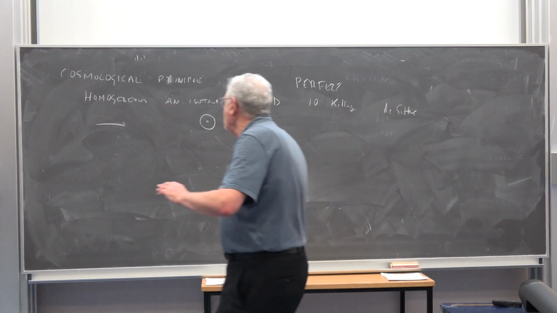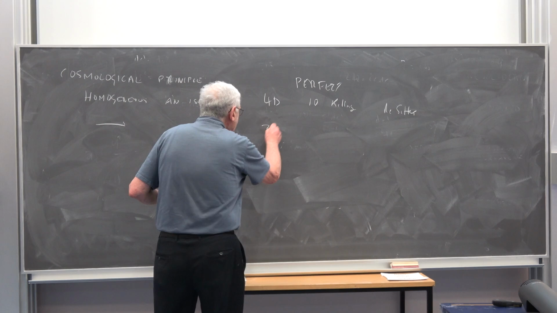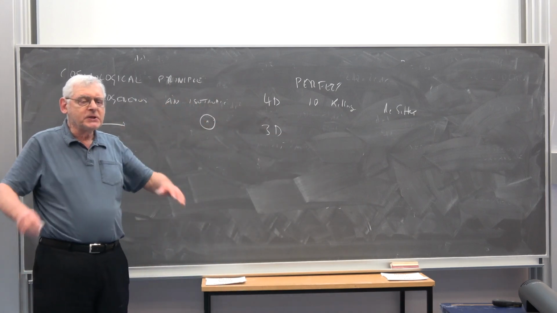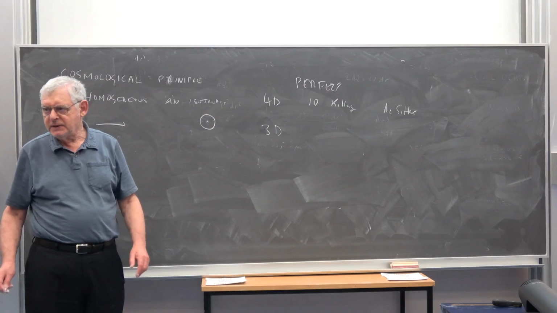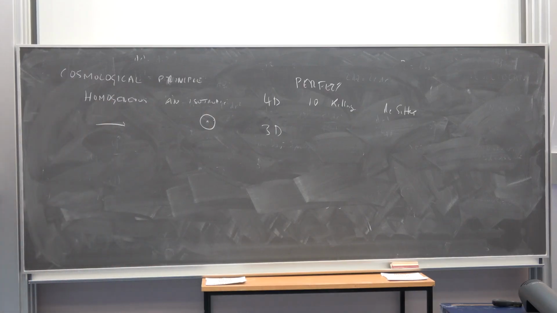Now, it looks like we are only 3-dimensionally homogeneous and isotropic. Namely, the spatial sector of the universe has the structure that I just gave you over here.